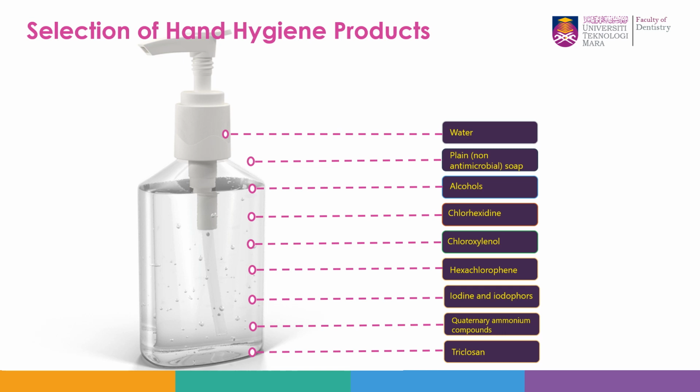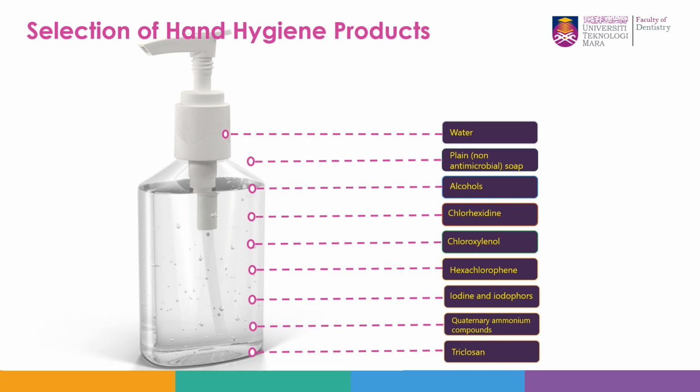We also use chlorhexidine in most hand washing soap, and the rest are not that common. But you could find triclosan in toothpaste sometimes. You could find quaternary ammonium compounds in many products too.